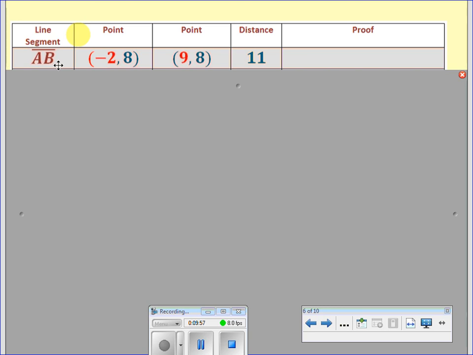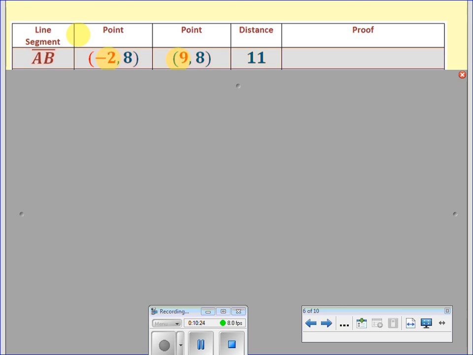That goes from -2, 8 to 9, 8. To help us find the distance, we have to look at the coordinates that are different. So with your highlighter, highlight your -2 and highlight your 9. Those are the two coordinates that are going to help us.